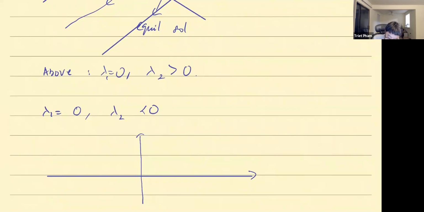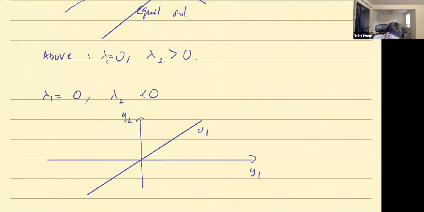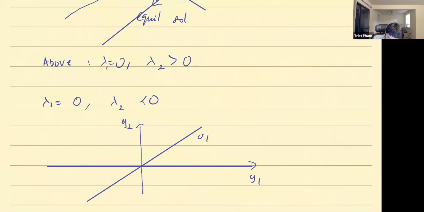So let's say wherever your V1 is, suppose this is your V1, and this is your V2. Then you will be static on V1. You don't move on V1 because V1 is the eigenvector corresponding to lambda equal to 0. And you will move toward V1, because lambda 2 is negative.